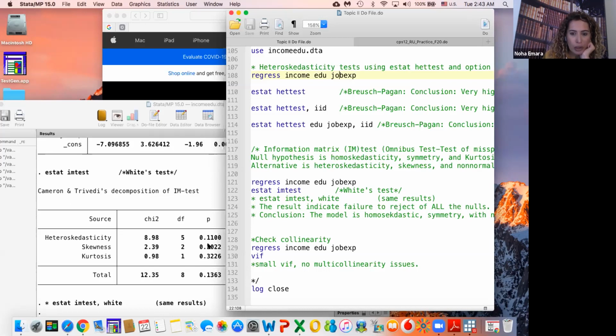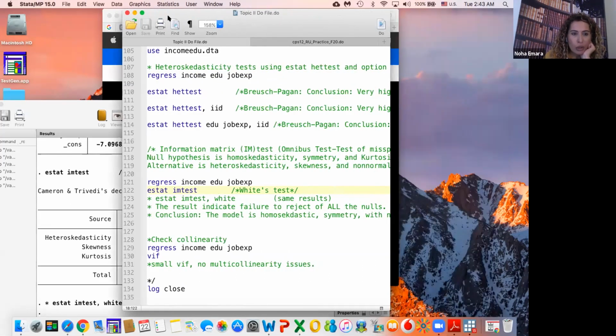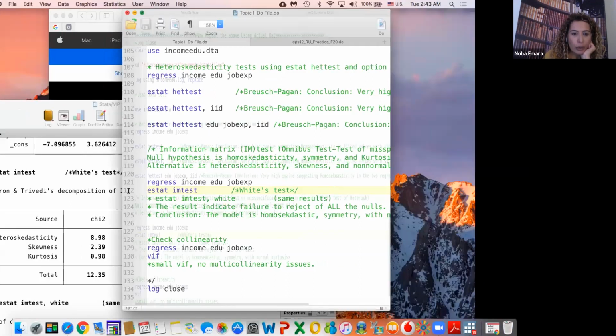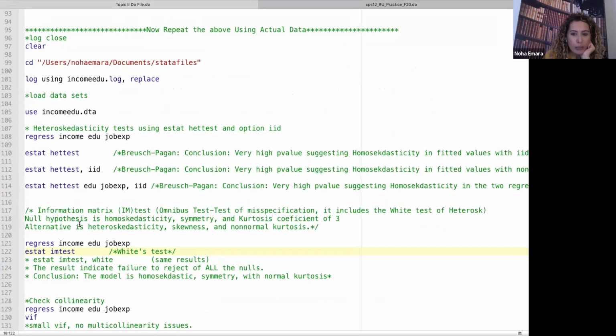Okay, so the model is symmetric. And then I have a 32.26% probability that the model has non-normal kurtosis. Okay, so based on the IM test, and I have the conclusion written for you, you have heteroskedasticity, right? You have skewness and non-normal kurtosis.